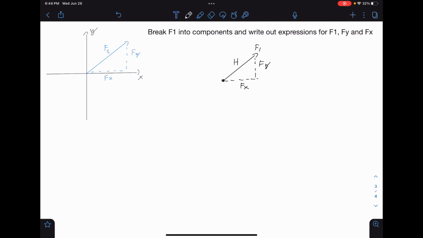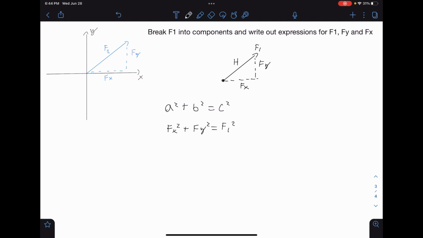So let's write an expression for F1. Using a squared plus b squared equals c squared, we know that Fx squared plus Fy squared is equal to F1 squared. This is how we find magnitudes for our vectors.